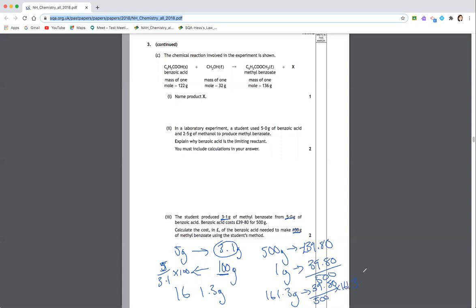So 39.8 divided by 500 times by 161.3. So that gives you £12.84. So just make sure that you round correctly again, because it comes out as 12.839.